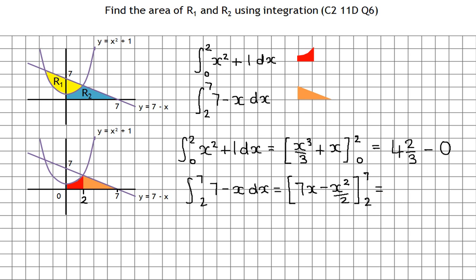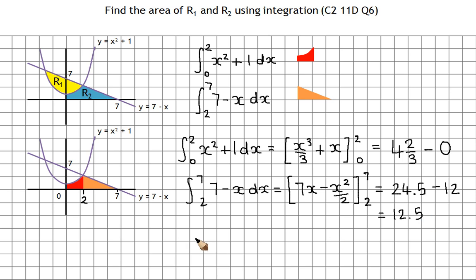And we work out what that is. That is 24.5 when we substitute in x is 7, and then 12 when we substitute in x is 2. So that's going to give us 12.5.